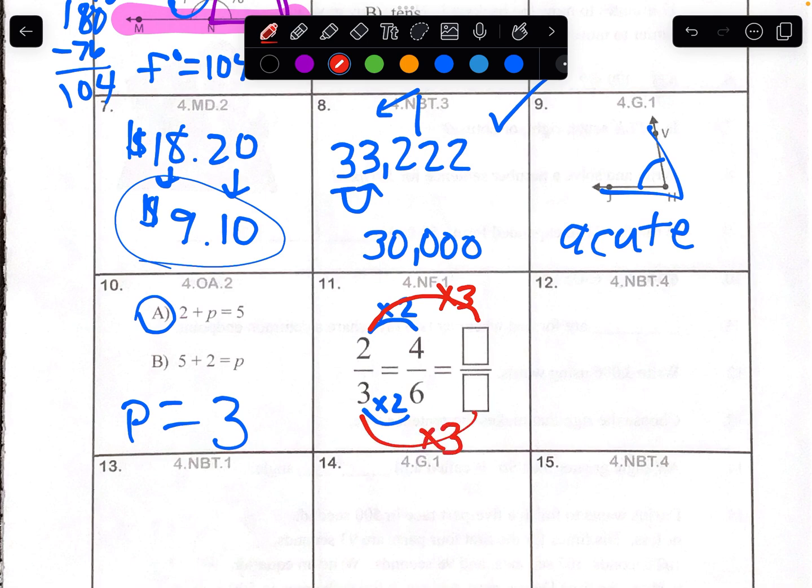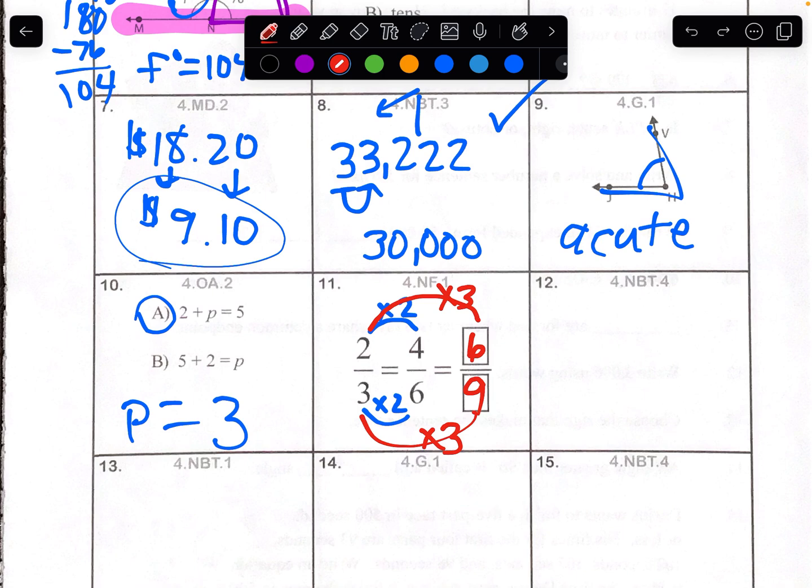So 2 times 3 is 6, 3 times 3 is 9. You could have some other ones in there. You could have 8/12. You could have 12/18. Either one of those would work.